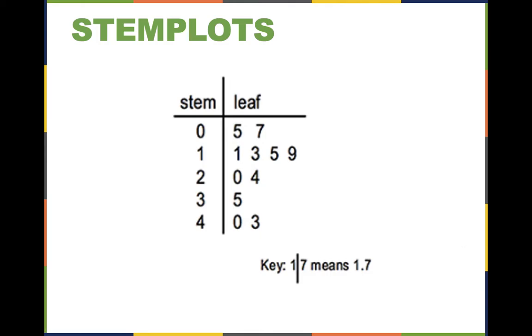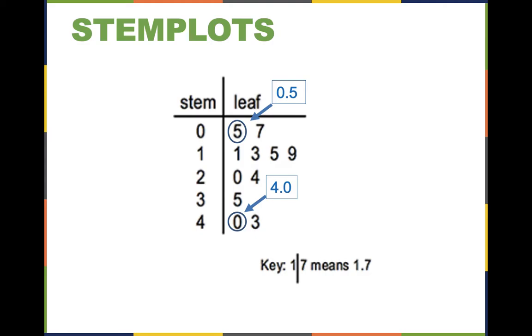And it's showing me that the stem would be the digit located before the decimal, and the leaf is the digit located after the decimal. So this value in the stem plot represents 0.5, and this value in the stem plot represents 4.0.